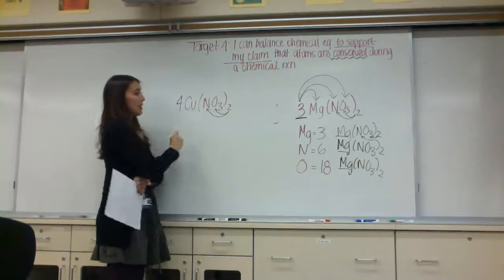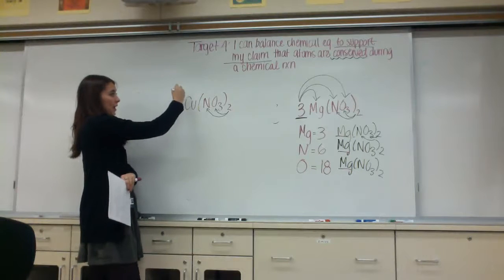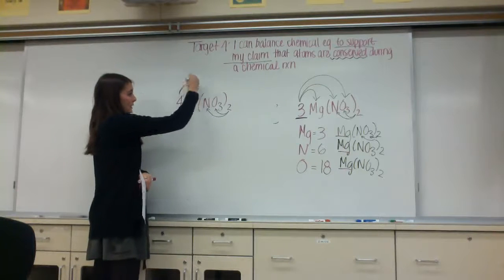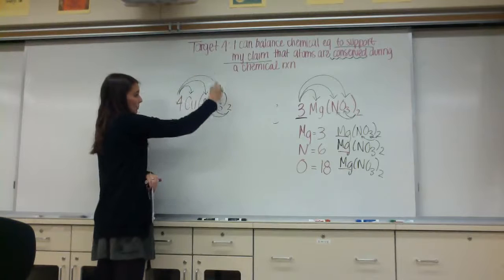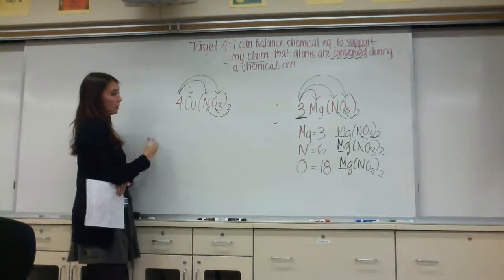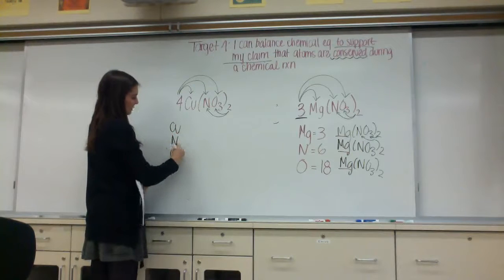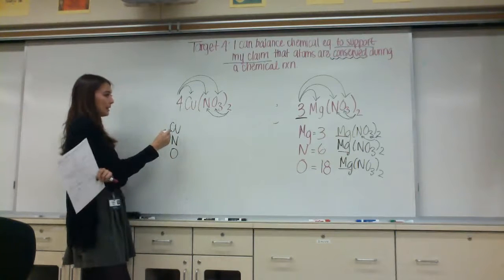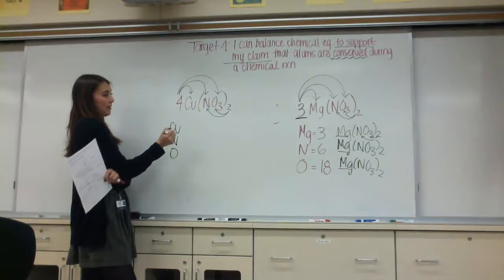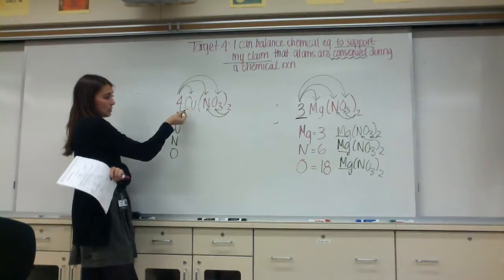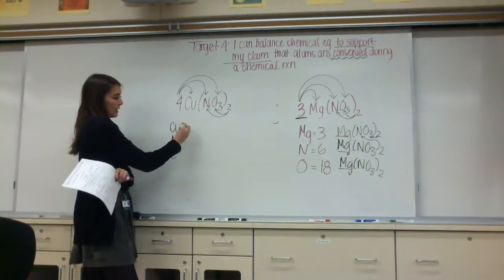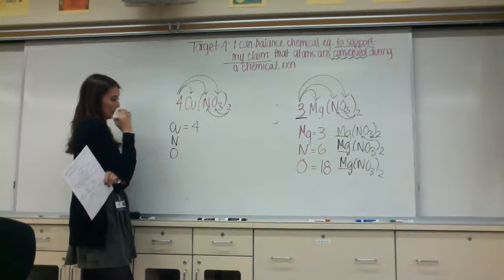That's it. My big coefficient in the front, however, goes to every single element within the compound. So let's start with Cu. We have nitrogen and we have oxygen. How many copper do I have? There's no subscript, so I just take 4 and I say there are 4 copper.